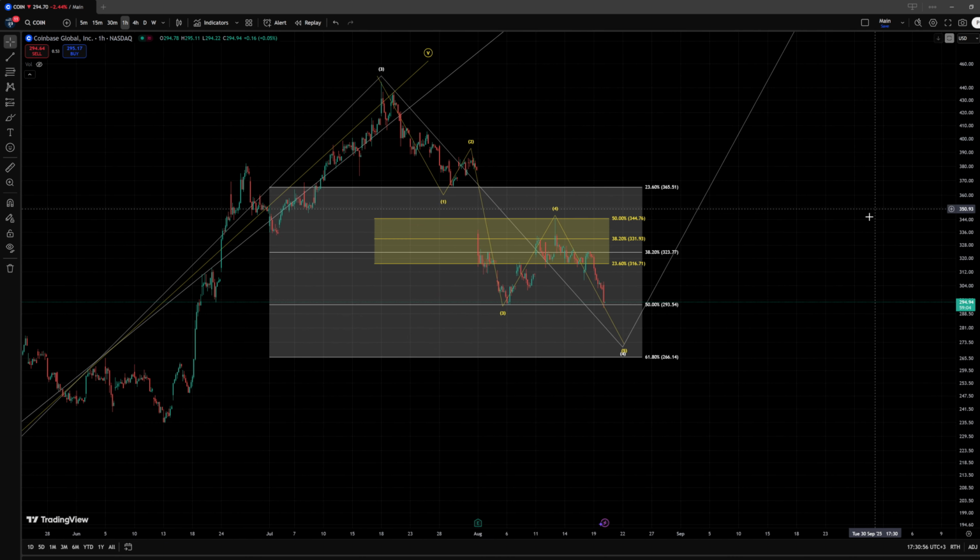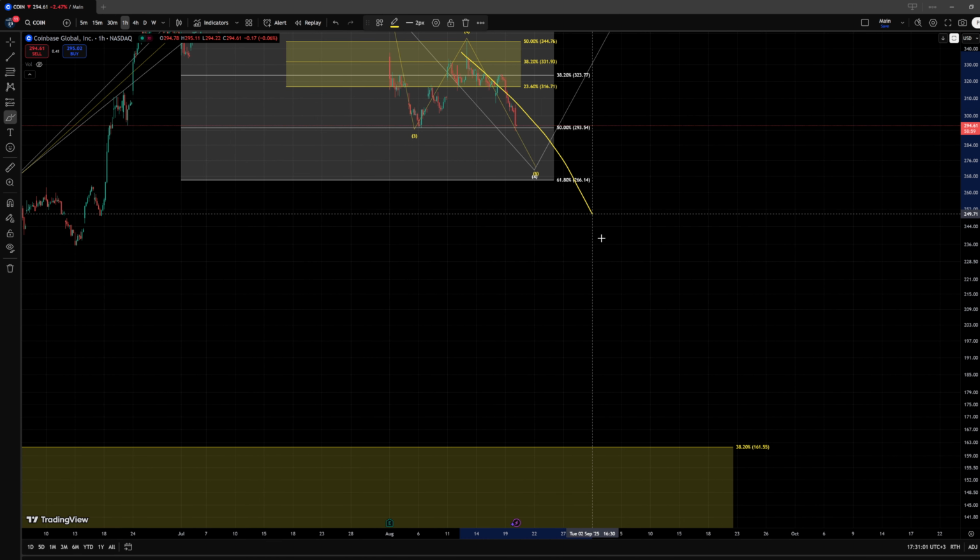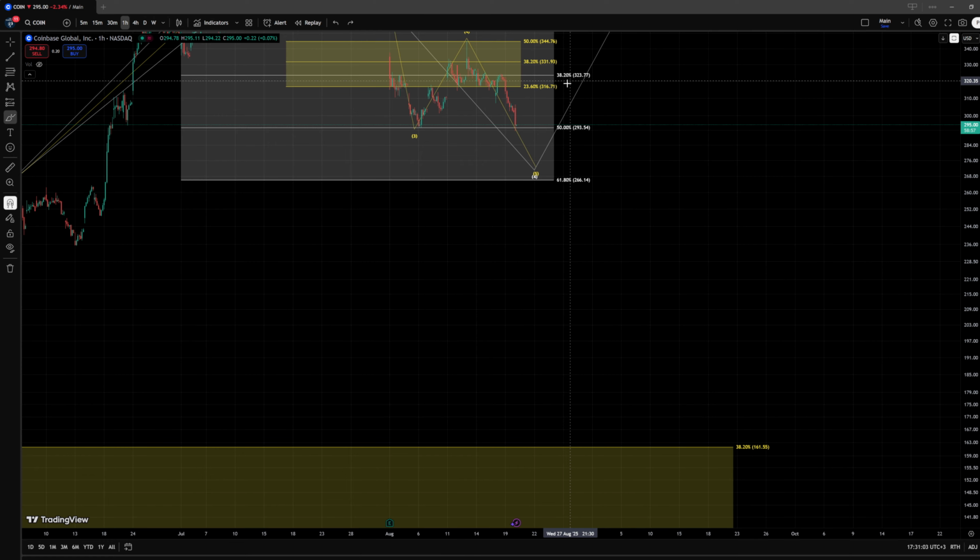To be honest, it is possible, keep that in mind, that we are in the yellow scenario and we are pushing much lower into the support zone in yellow.